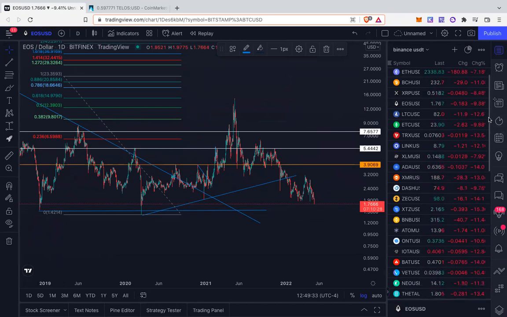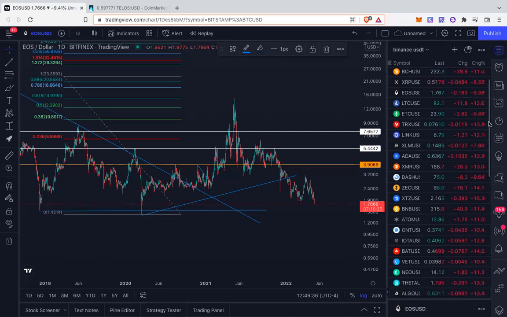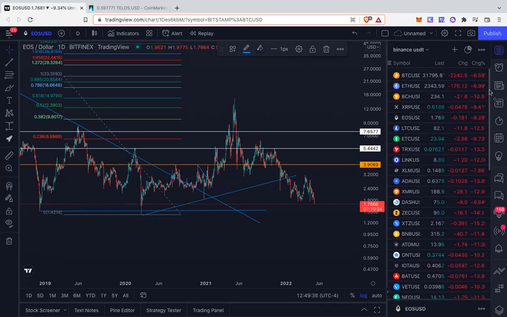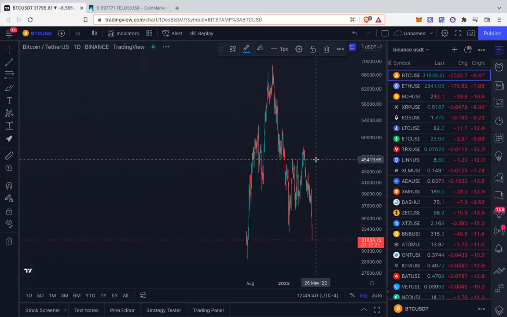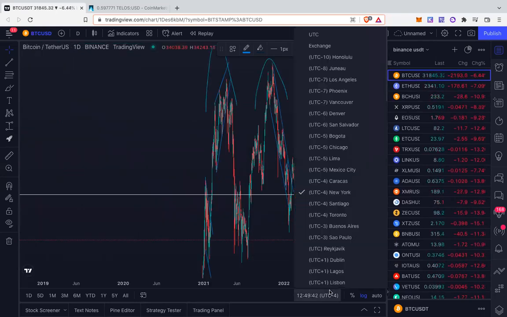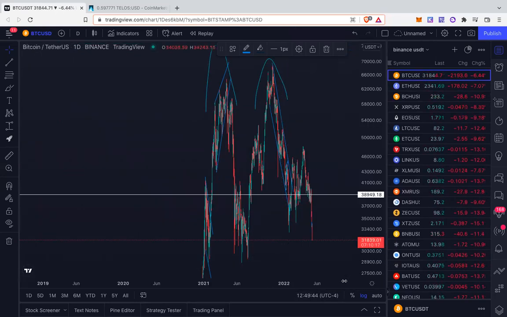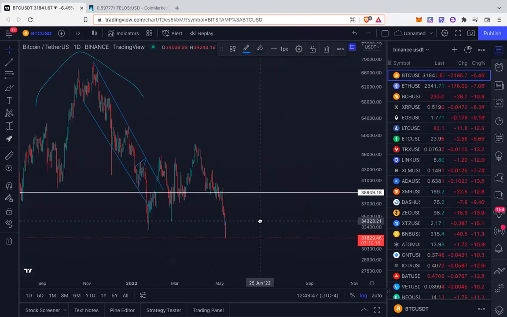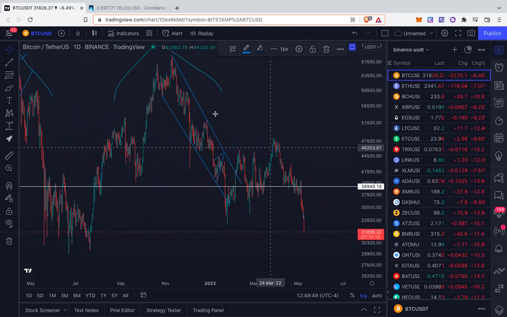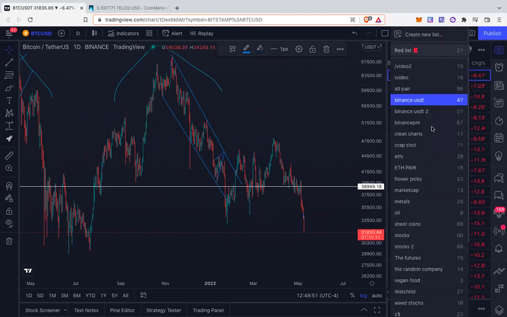Bitcoin's at 31.7 right now. Man, so we're right at support. I see we should get a bounce here, some type of reaction here, just the fact that it is support. And I was on the other chart.